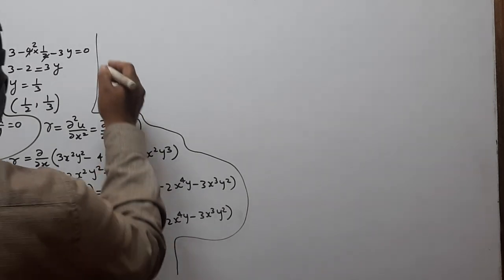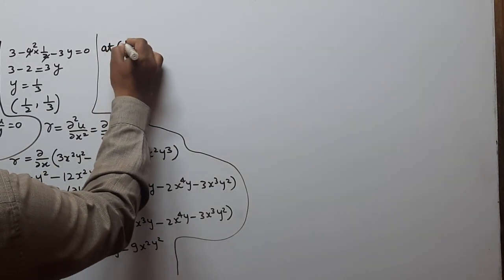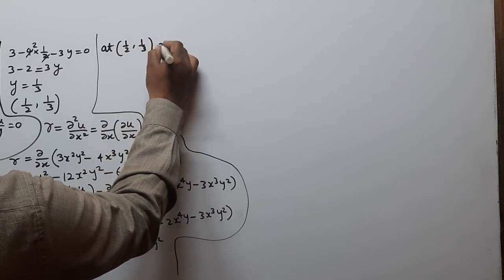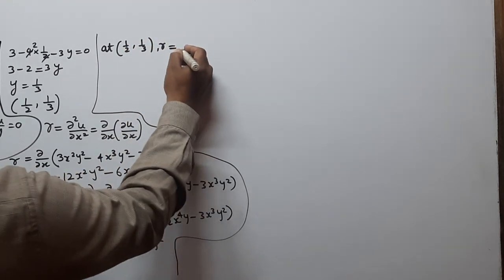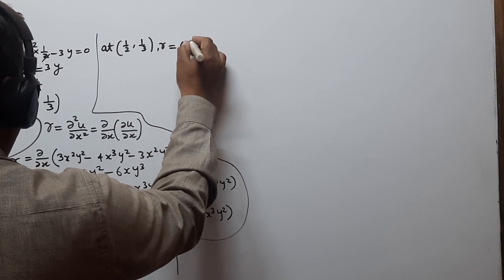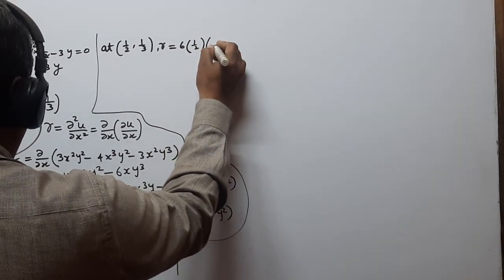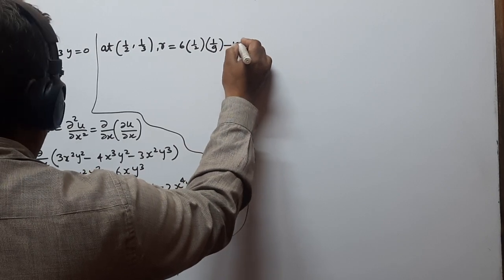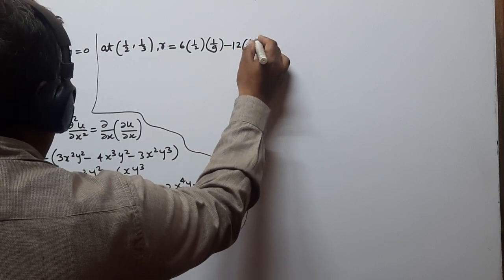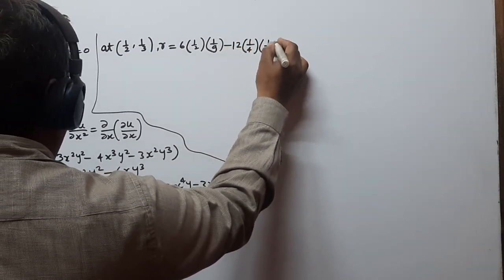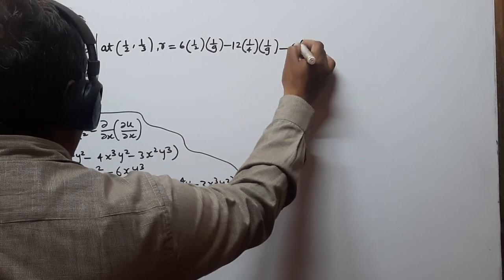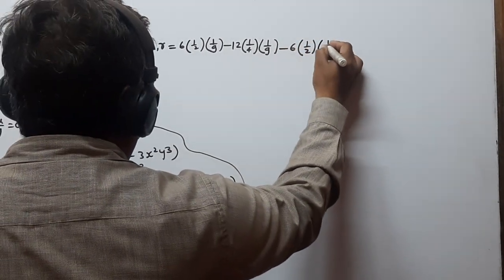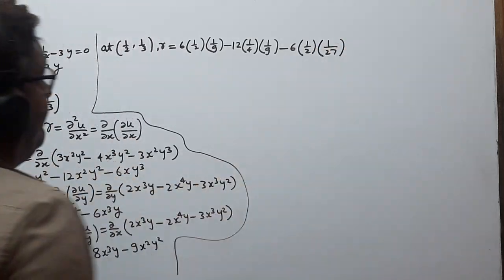After that we find values of second order derivative r, s, t at the point 1 by 2 comma 1 by 3. So at 1 by 2 comma 1 by 3 r is equal to 6x is here 1 by 2 and y square this is 1 by 9 minus 12x square this is 1 by 4 and y square this is 1 by 9 minus 6x is 1 by 2 and y cube this is 1 by 27.